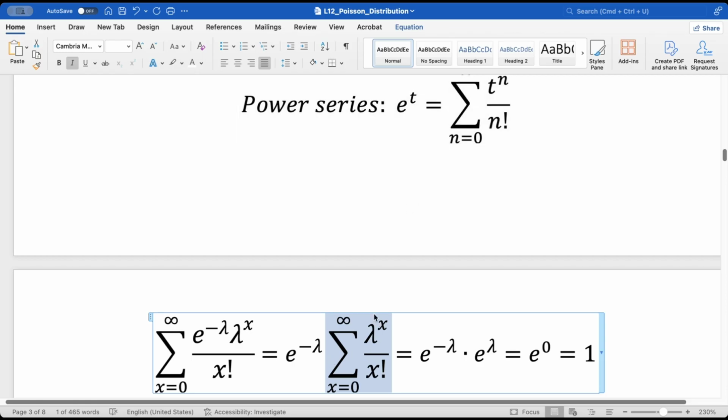So this expression is the power series for e to the lambda. And so we get e to the minus lambda times e to the lambda, which is e to the 0, which is 1, which is what we wanted to show.